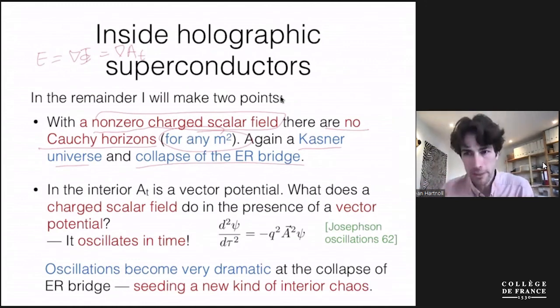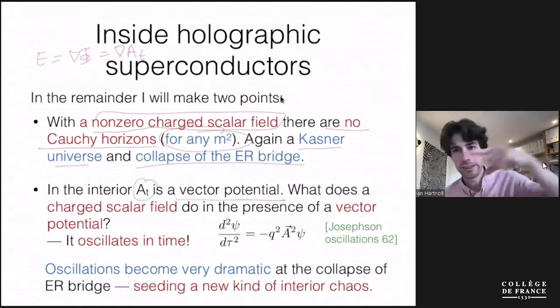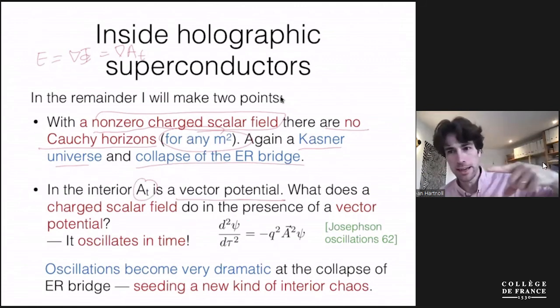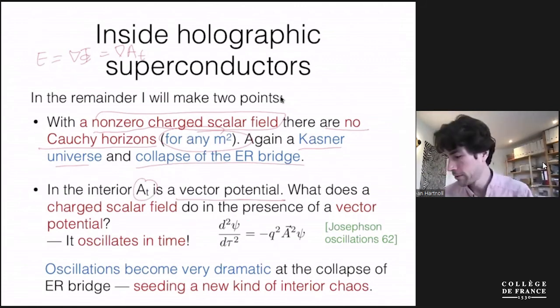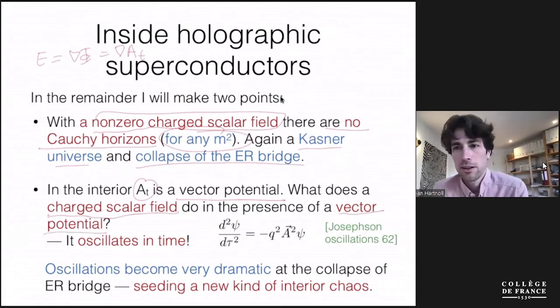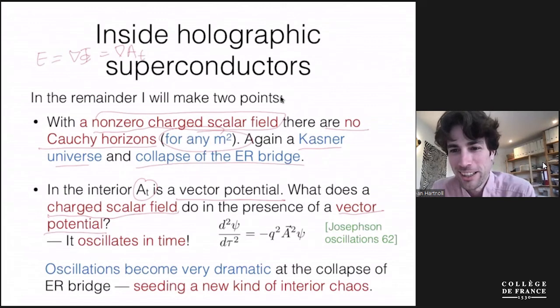And so inside the horizon, A_t is more like a vector potential. The A is now pointing in a space direction. Now, I could ask you, what does a charged scalar field do in the presence of a vector potential? The answer to that question actually won Josephson a Nobel Prize, which is that it oscillates.